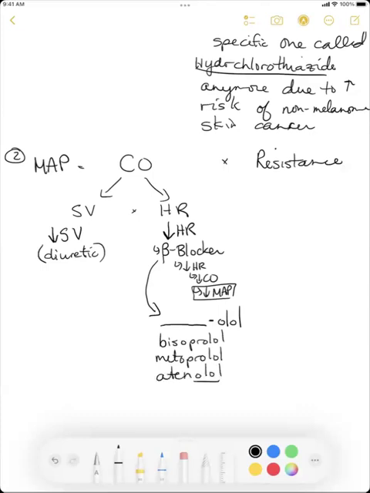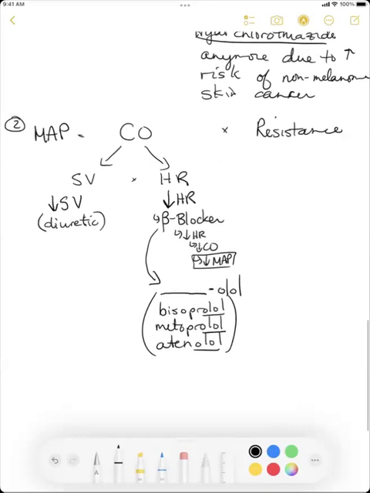If you see that -olol, that is a beta blocker. So we can use diuretics. We can use beta blockers. So diuretics, beta blockers.